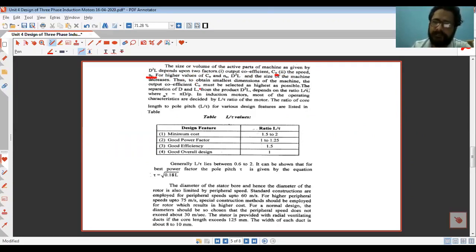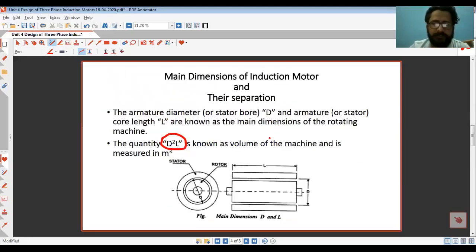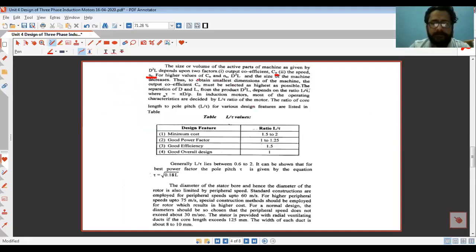For higher values of C naught, what is C naught? The output coefficient, and it depends upon these parameters: specific magnetic and electric loading, winding factor, efficiency, and power factor. So for a high value of C naught and NS, meaning if you want high speed machines, D square L and the size of the machine will decrease.